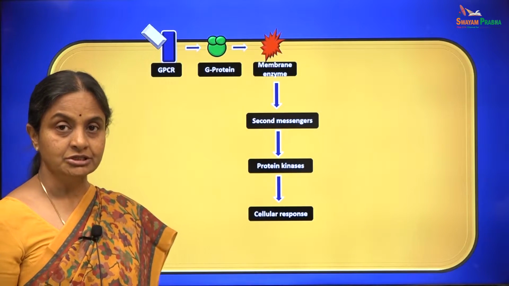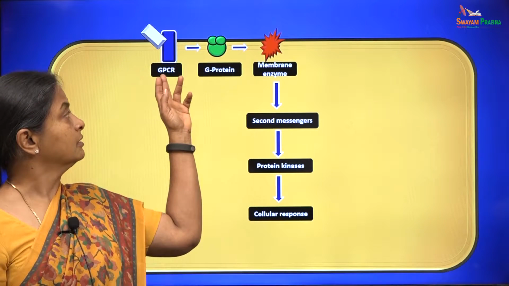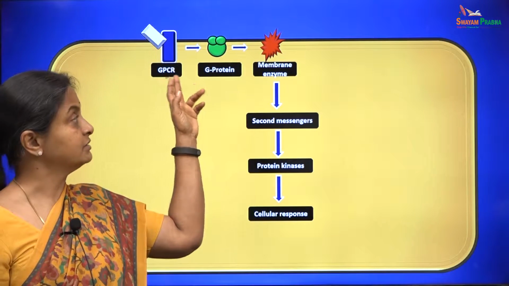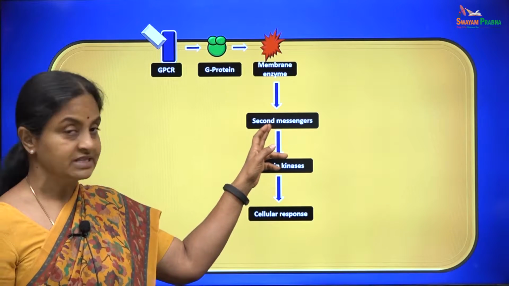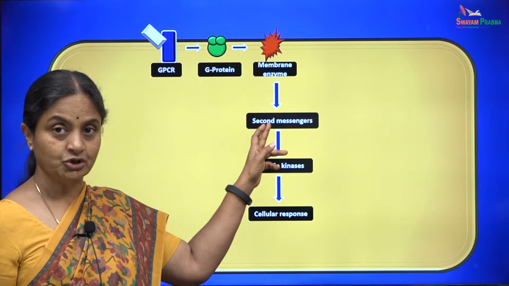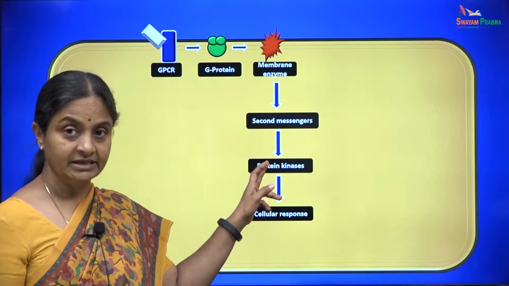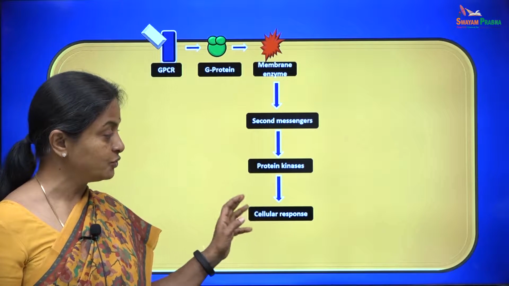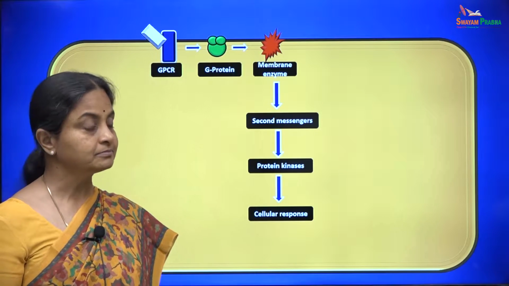The components of the second messenger signaling pathways are the G-protein coupled receptor, G-proteins, a set of membrane enzymes, second messengers per se, which are soluble molecules within the cytoplasm, protein kinases, which finally phosphorylate target proteins to bring about cellular responses.